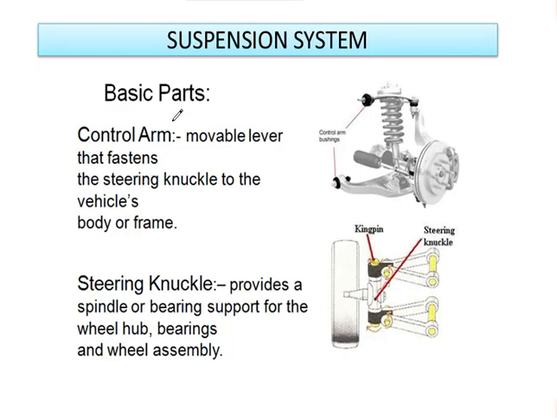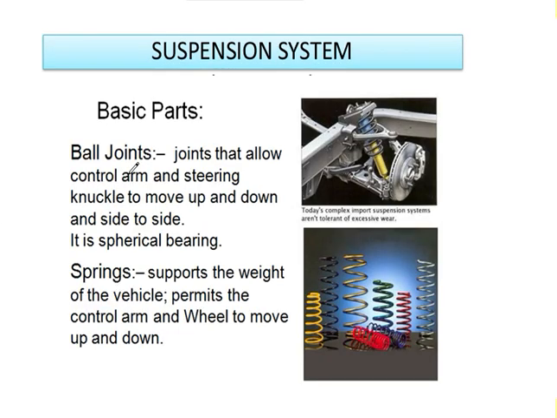What are the basic parts of a suspension system? First is the control arm, a movable lever that fastens the steering knuckle to the vehicle's body or frame. Steering knuckle provides a spindle or bearing support for the wheel hub, bearings and wheel assembly. Ball joints, joints that allow the control arm and steering knuckle to move up and down and side to side. It is a spherical bearing.